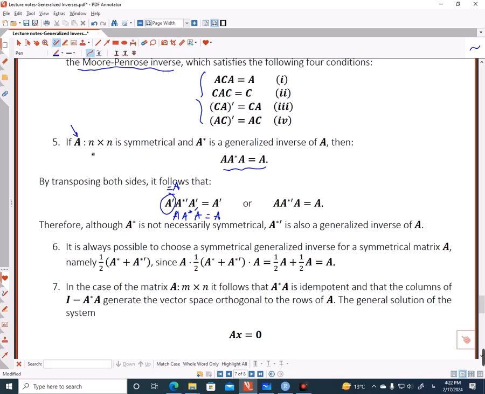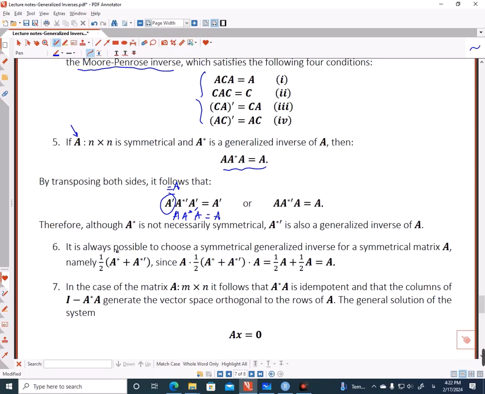Once again, remember that being symmetric doesn't imply that it is of full rank. We must be careful a little bit about it.